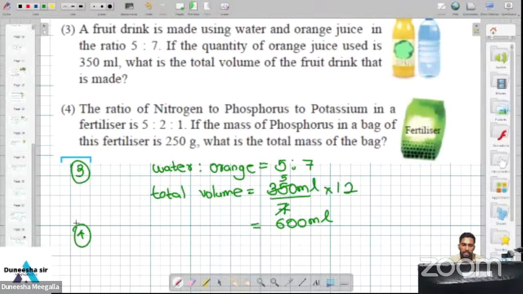Then ratio nitrogen, phosphorus to potassium. 5 to 2 to 1.